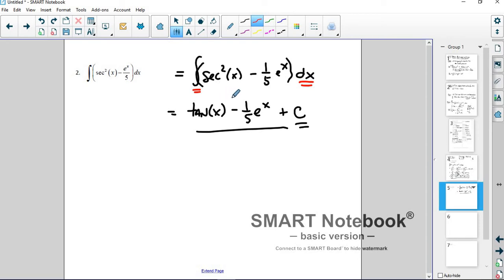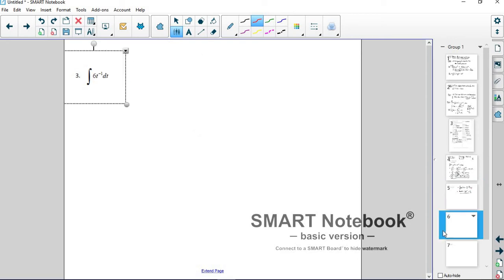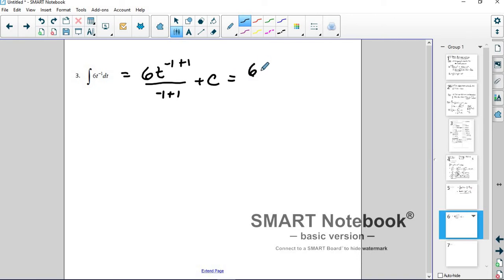Okay. Now, one more practice example here. 6t to the negative 1. I'm going to do this the wrong way first, and that is to add 1 to the power and divide by the power. I'm going to act like I don't remember that this is illegal, but it is. That doesn't make any sense. Can't divide by 0. T to the 0 is a 1. That's fine, but you can't divide by 0. That's no good.